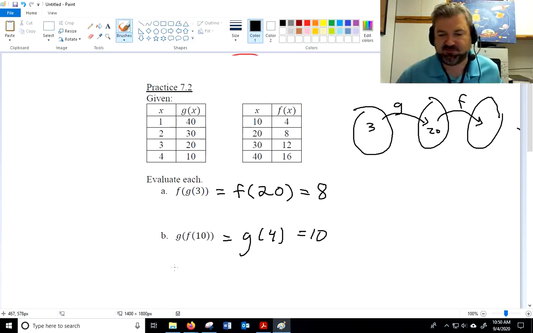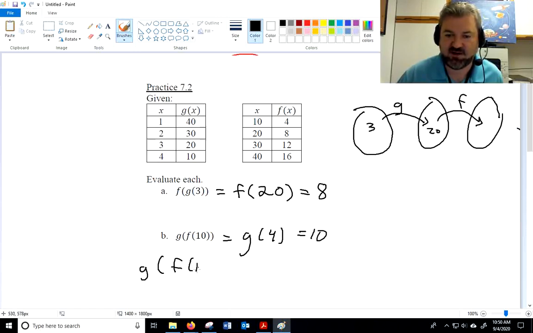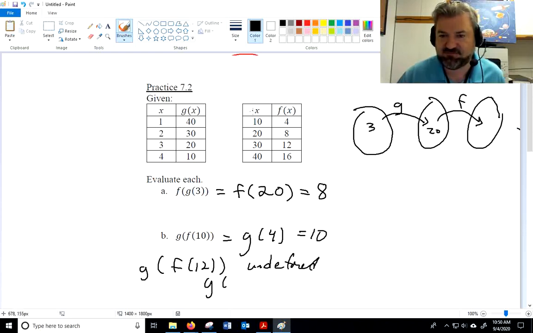This begs an important question. What if I asked you to do g of f of 12? If this is the entire function, we would have to say that this was undefined, because... Oh no, I'm sorry, f of 30.